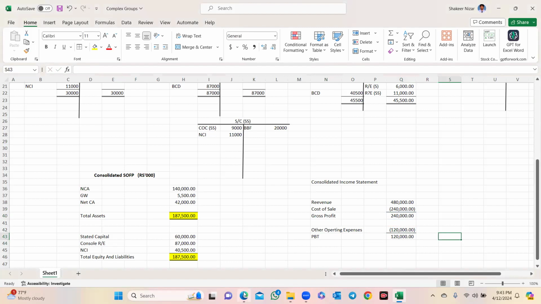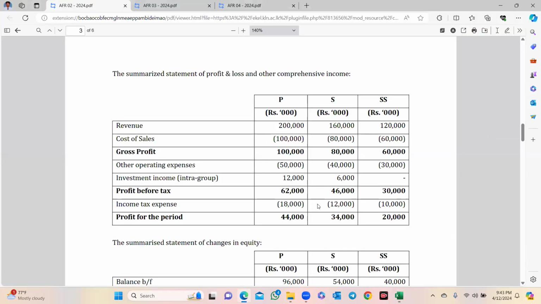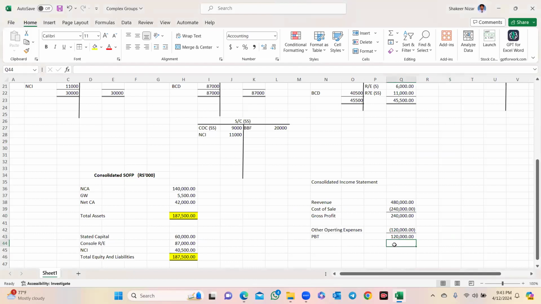Then we deduct the tax expense. It is 40,000: 30, 10, 40,000. Income tax. That is a deduction, right? So remember we have the deductions.